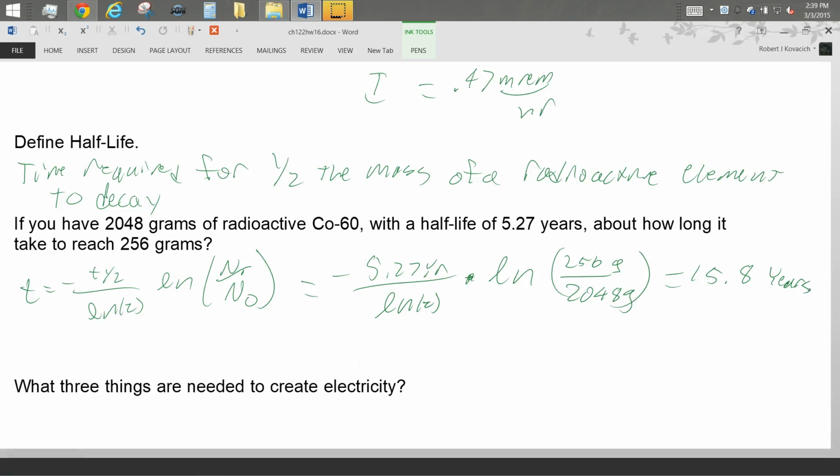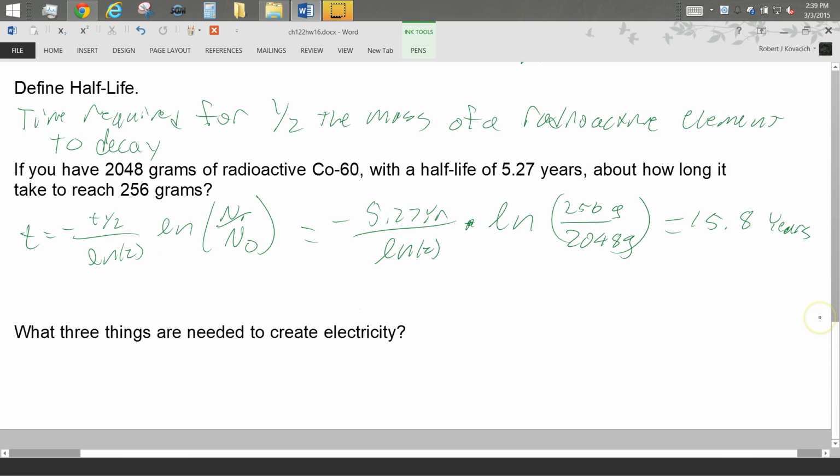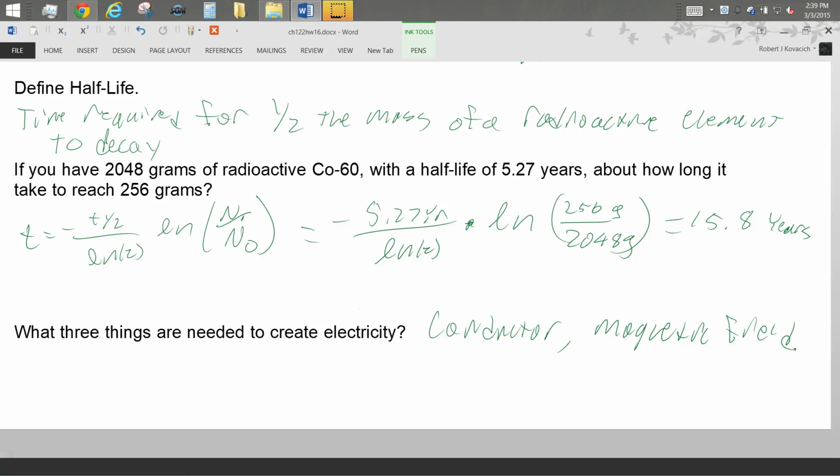How about this last question? Conductor, yep. Need movement of electrons, voltage, magnetic field. Conductor in a magnetic field and movement between the two.